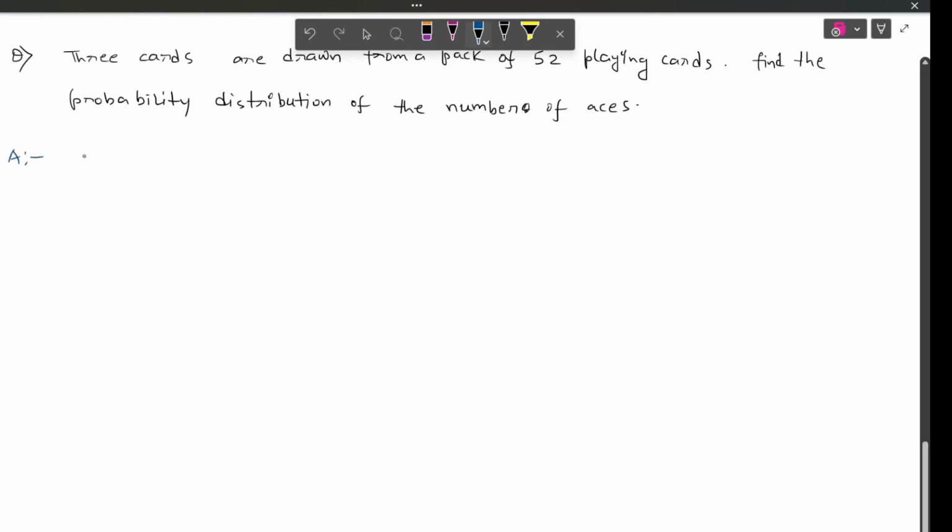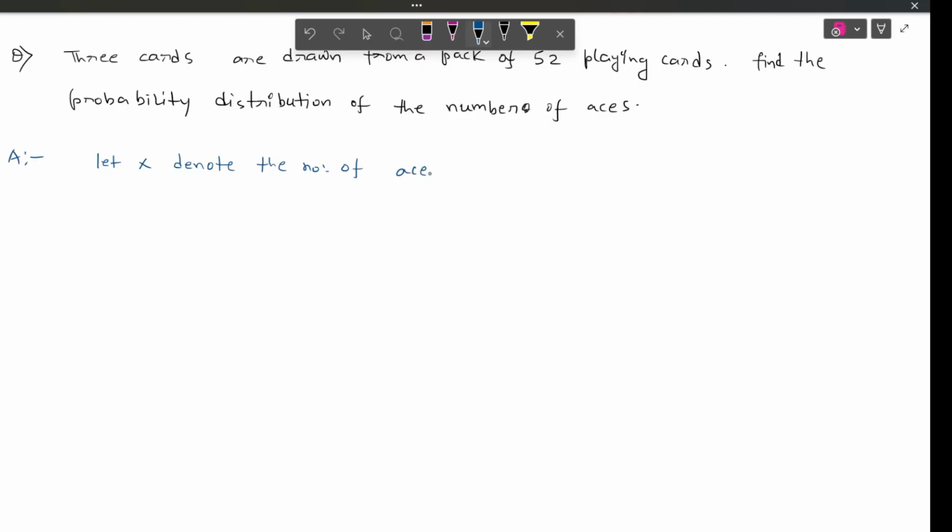So let us take, let X denote the number of aces in a sample of 3 cards, because you have taken 3 cards, right? So X denotes the number of aces in a sample of 3 cards.